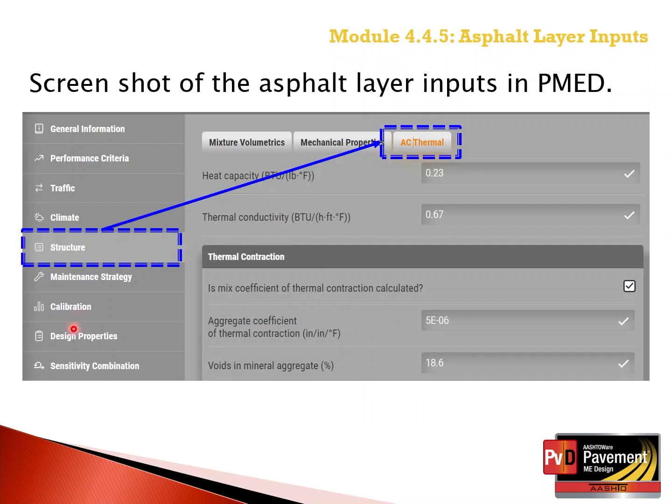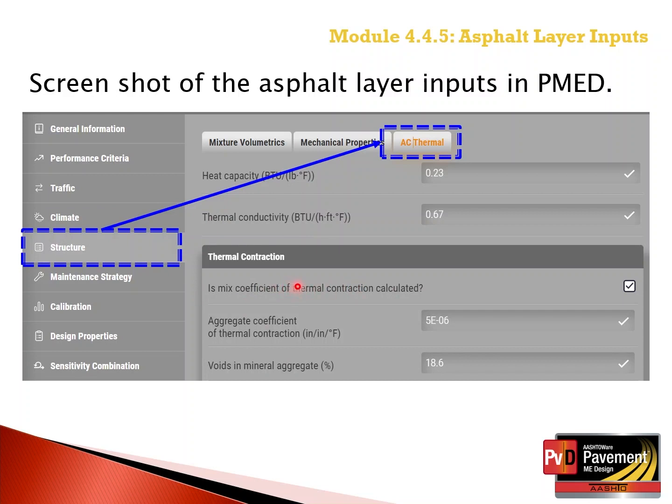This slide and the next slide show screenshots of the AC thermal properties for the individual asphalt layers. The thermal properties include the heat capacity, the thermal conductivity, and the coefficient of thermal contraction, which are included on this screen.